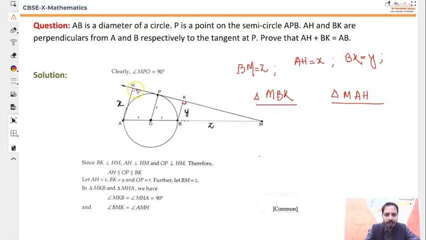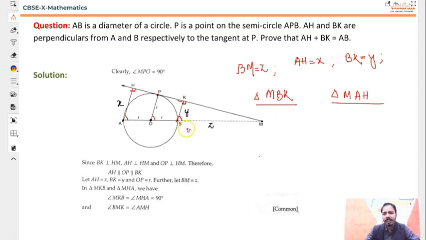So this is 90 and this is 90. What else guys? Now you see, we know that this is 90 and this is 90, and this length is equal to this length, so we can show that this angle is equal to this angle. Okay, right? And this angle will also be equal to this angle.